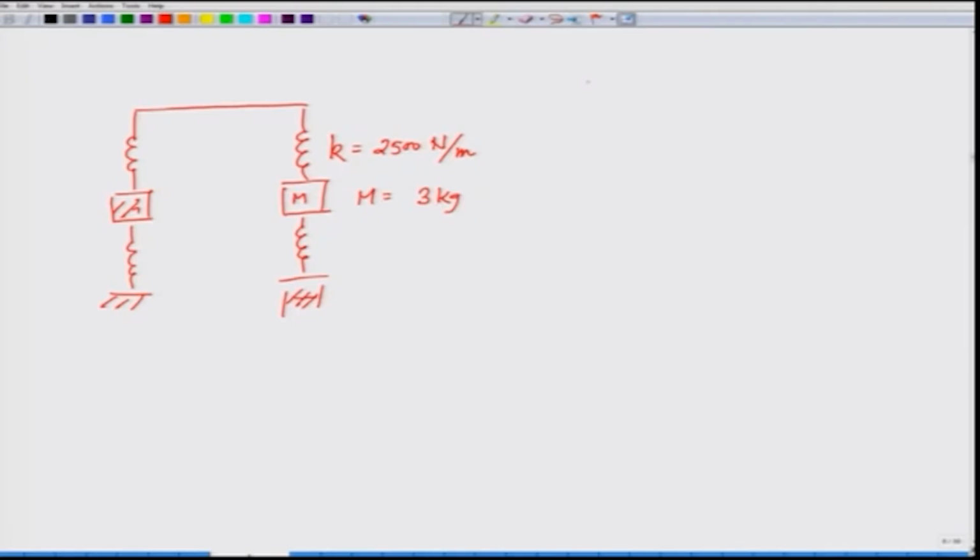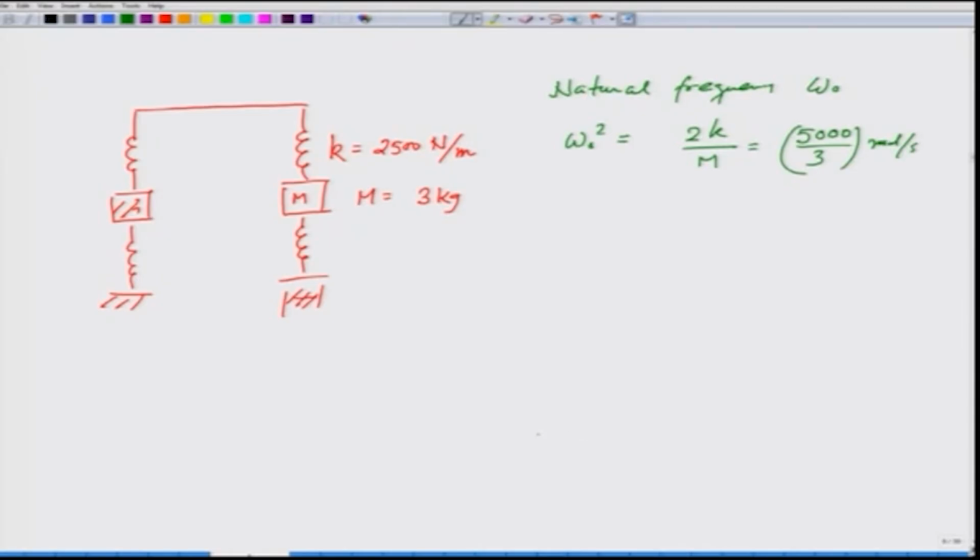So, the natural frequency omega 0 for each mass is going to be such that omega 0 square is equal to 2k divided by m, because effectively, because there are two springs, and this you can figure out yourself, the effective k is going to be 2k, and therefore, this is going to be 5000 over 3 radians per second.